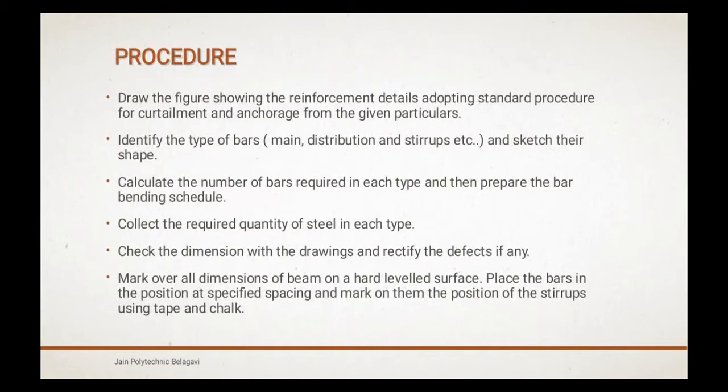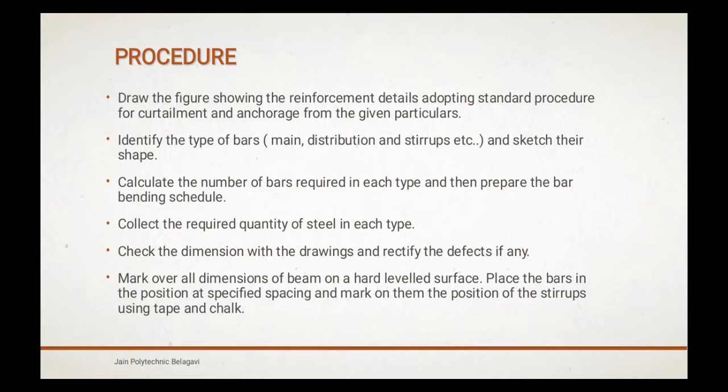So what is the procedure for preparing the bar bending schedule for a reinforced beam? Draw the figure showing the reinforcement detail, adopting standard procedure for curtailment and anchorage from the given particulars.